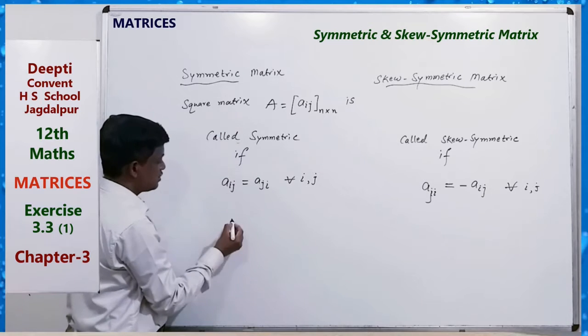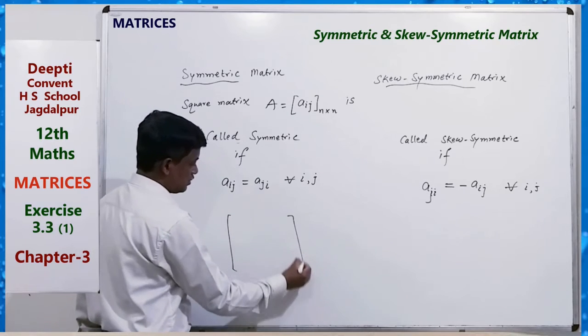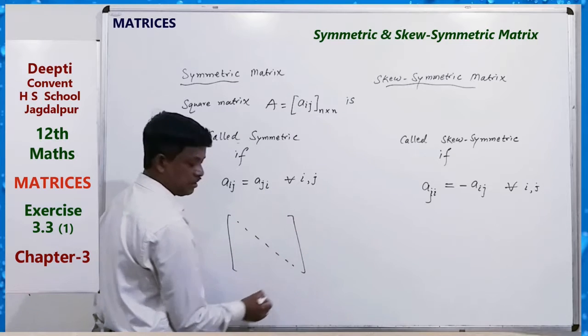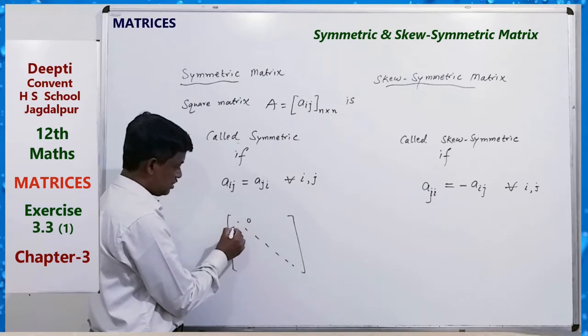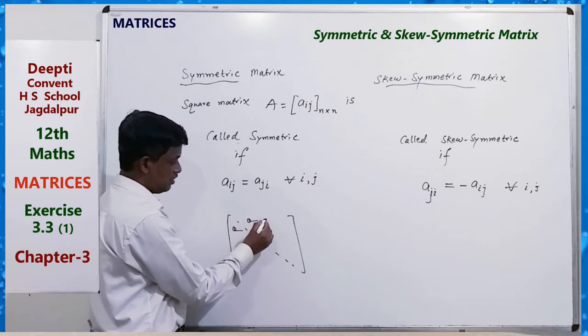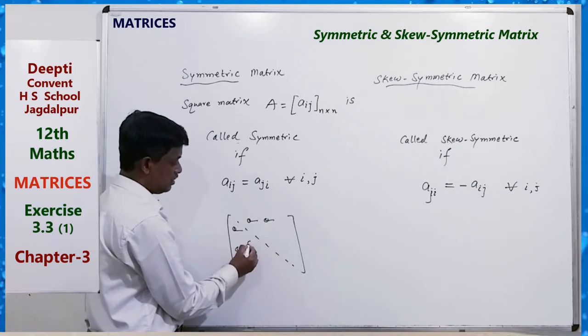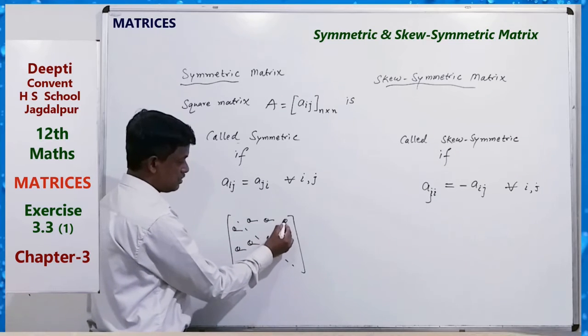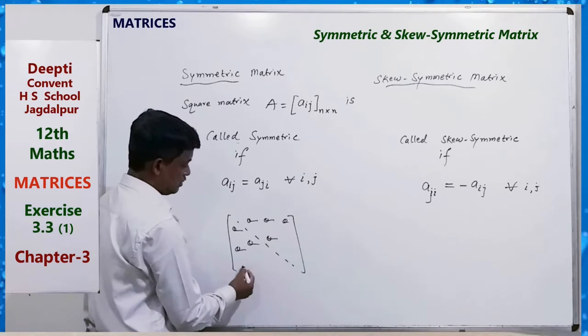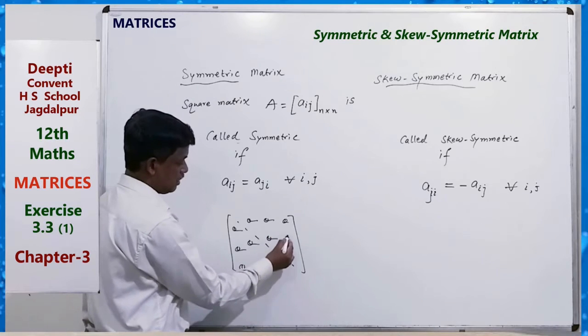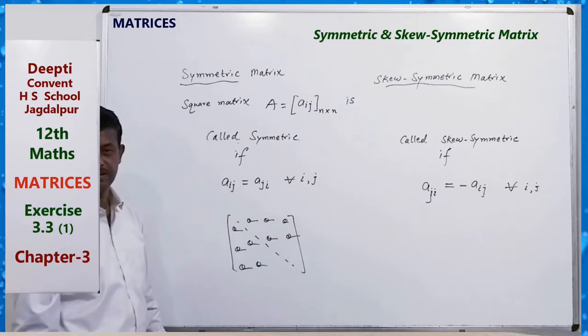Suppose this is a square matrix, so this is the diagonal, and the elements in mirrored positions are the same: this and this are the same, this and this are the same.